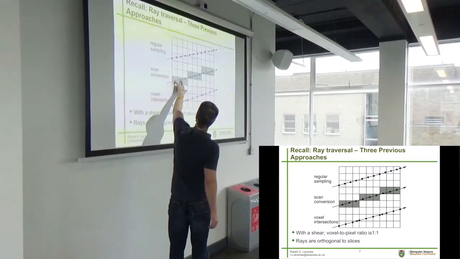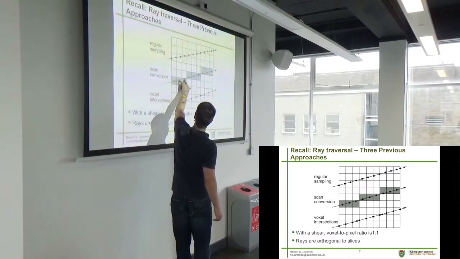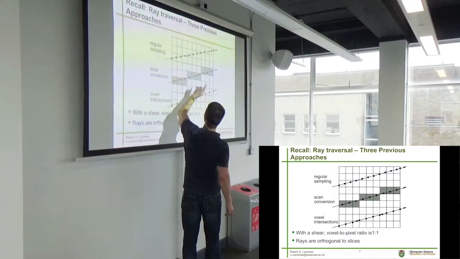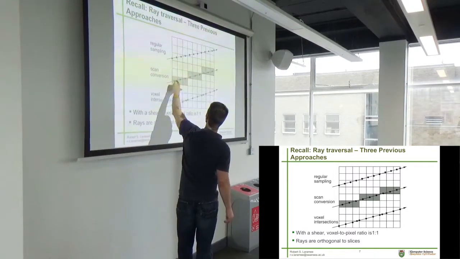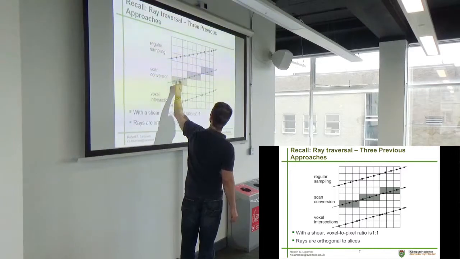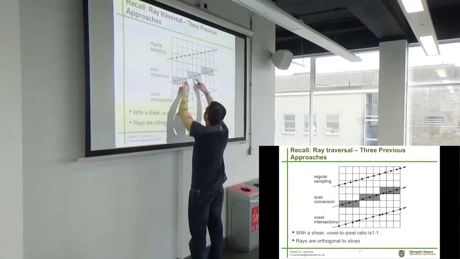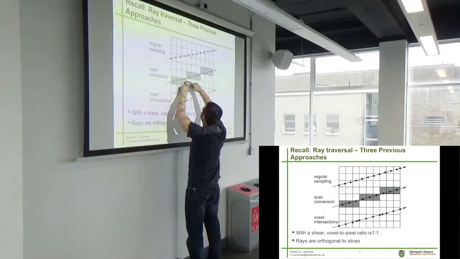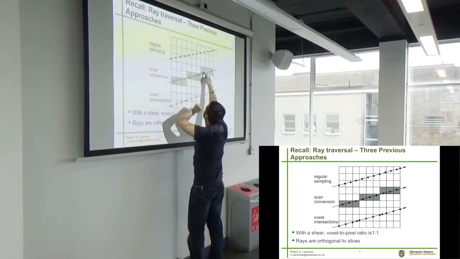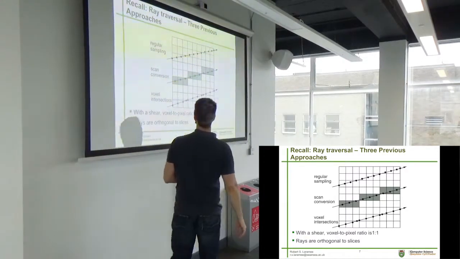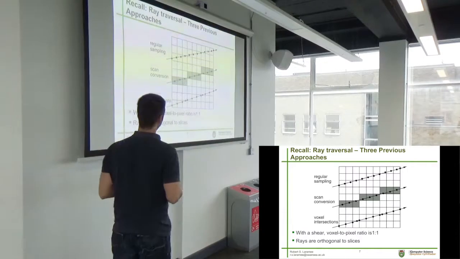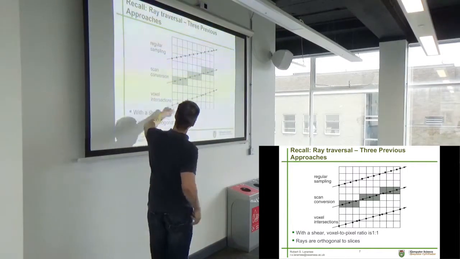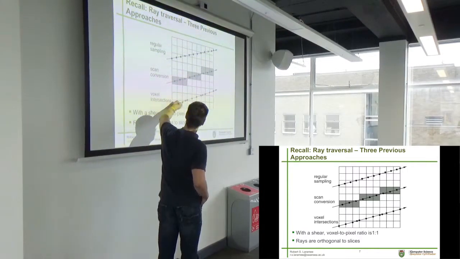Here, the distance between samples along the ray is also uniform, but the samples we take from the volume are not equidistant because we get these jumps sometimes, right? And then we have one that's sort of a compromise in between, where we sample along edge intersections.